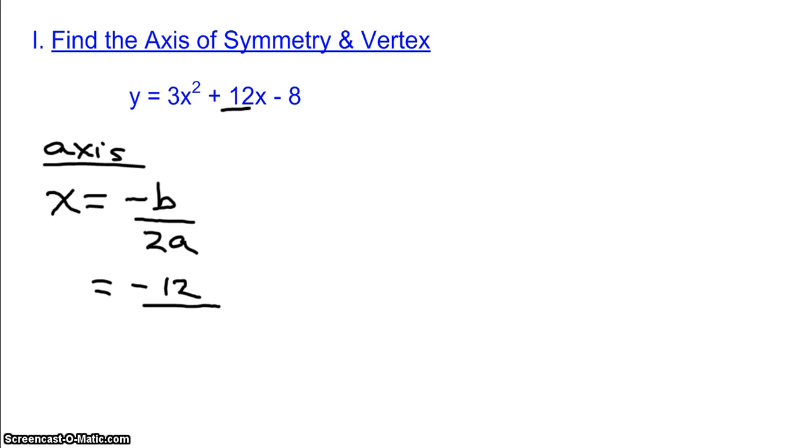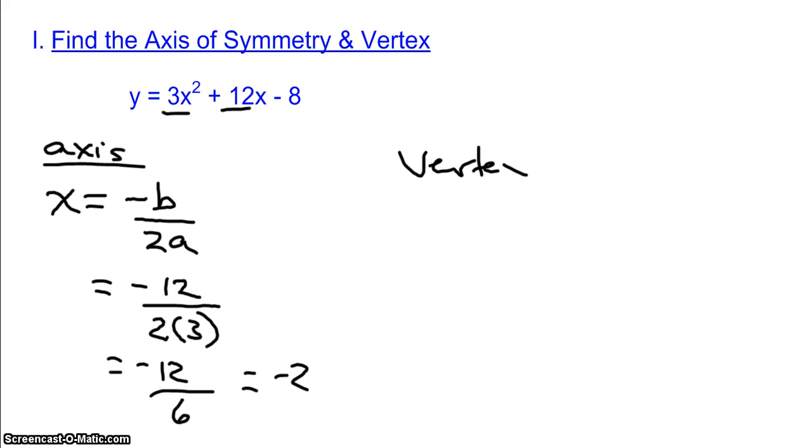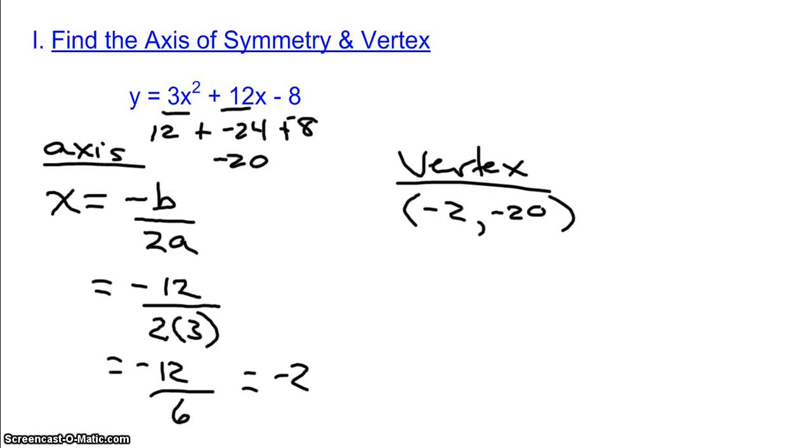So we have negative 12 over 2 times a, which is negative 12 over 6, which is what? Negative 2. So your axis of symmetry is at negative 2. So your vertex is always on that. So we just need to find the y value of the vertex by plugging in negative 2 for x. Good, so negative 20 is our y value when we plug in negative 2.